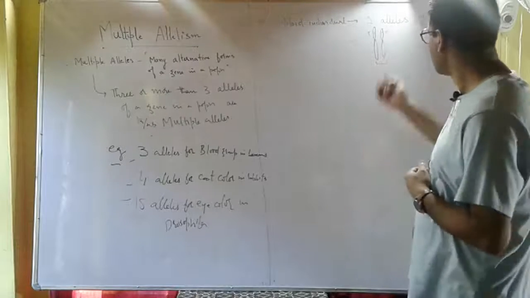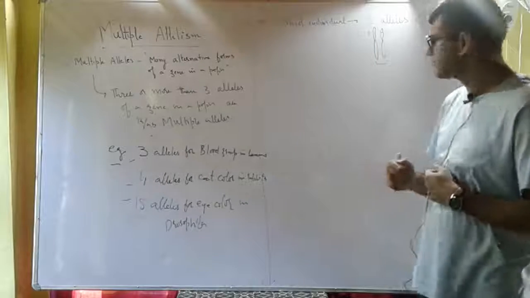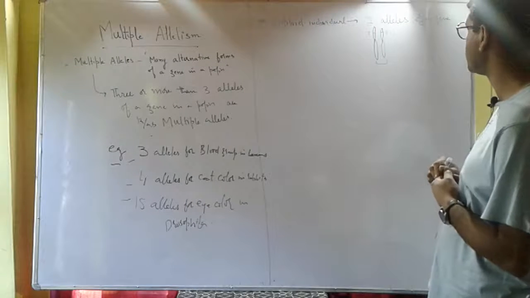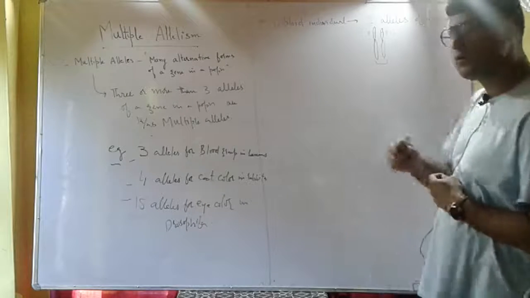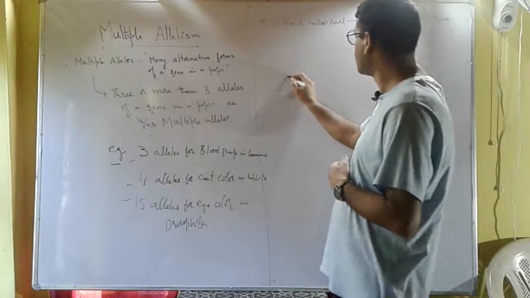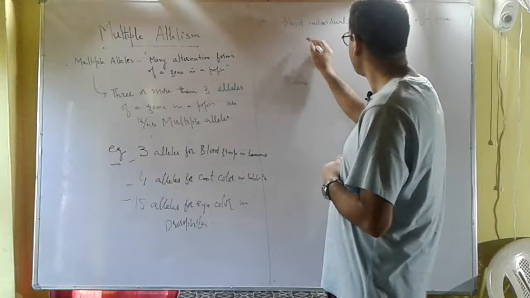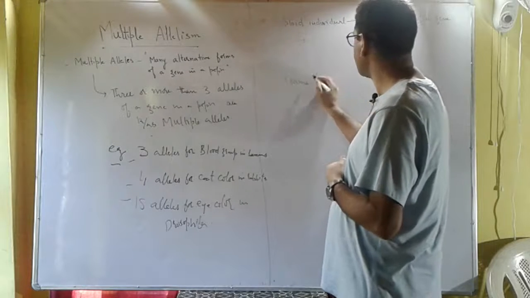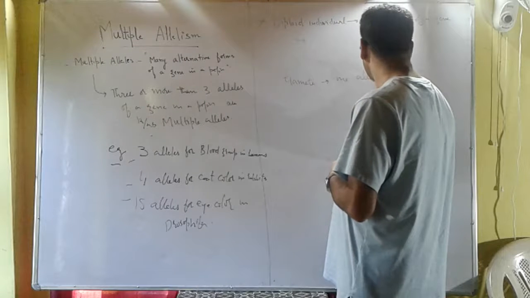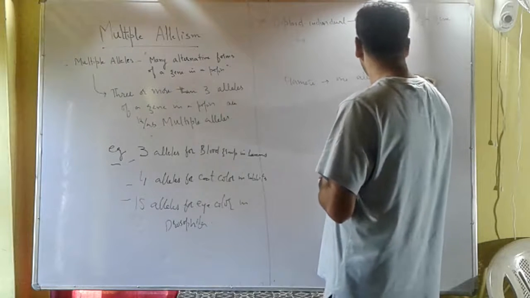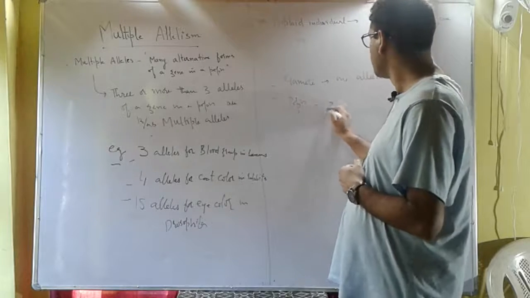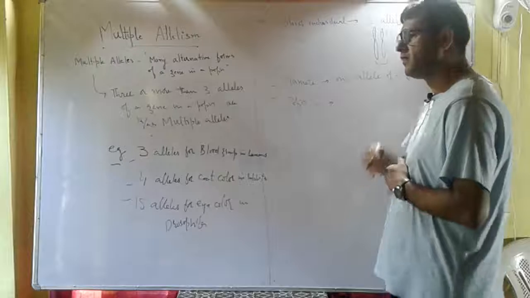These are two alleles of the same gene. So in an individual only two alleles of a gene can be present. A diploid individual has two alleles of a gene, and a gamete has one allele of a gene, whereas in a population we see multiple alleles.